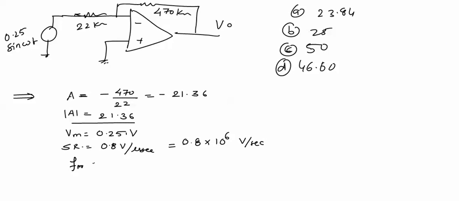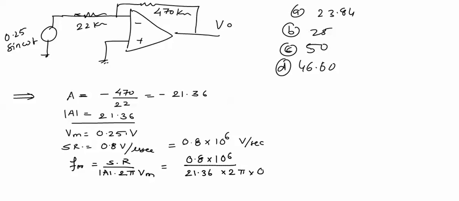Fm is given by slew rate upon magnitude of gain into 2 pi into Vm. Putting all these values, 0.8 into 10 raised to power 6 divided by 21.36 into 2 pi into 0.25, and this comes out to be 23.839, which is nearly equal to 23.84 kilohertz.